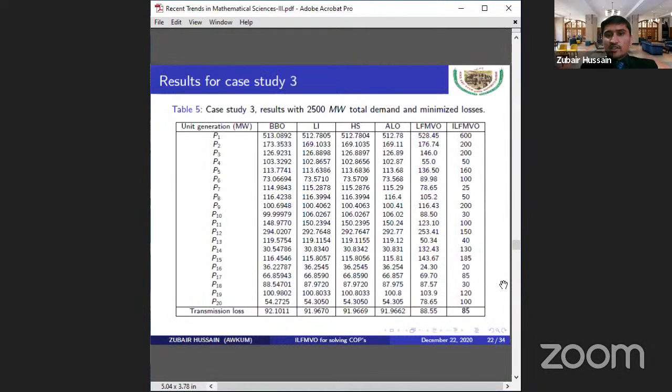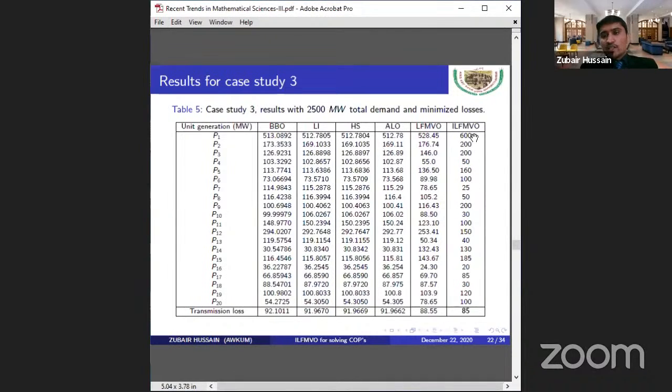This slide presents the solutions provided by our proposed algorithm and compares them with the other techniques, that is biogeography-based optimization, lambda iteration, harmony search, ant-lion optimizer, and Levy-flight-based multiverse optimizer.